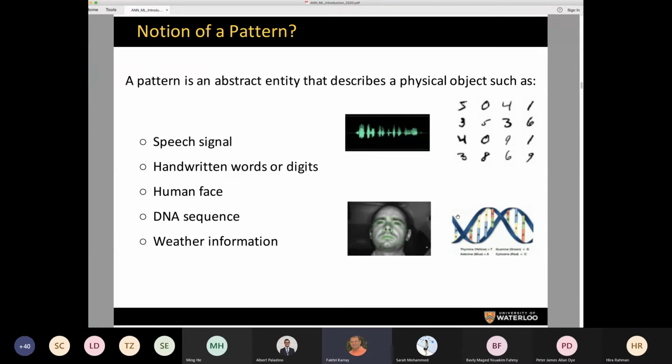Major discoveries over the past few years have tackled many of these aspects. When we speak of speech signals, we talk about natural speech understanding that has now been developed by the major innovative firms. Handwritten words or digits are becoming almost perfect nowadays and are used by banks.